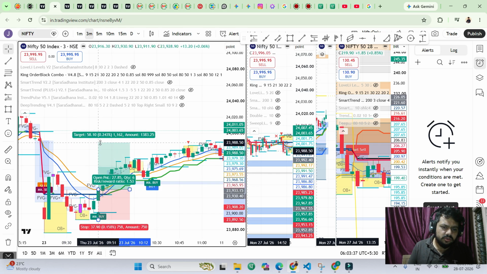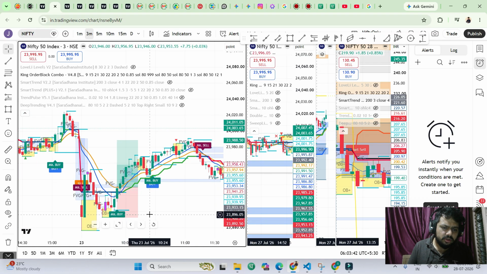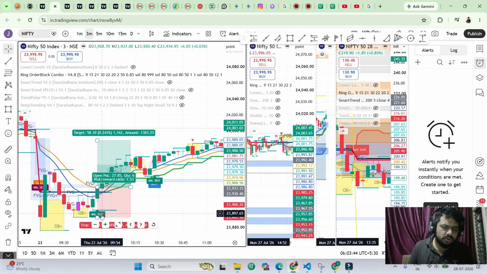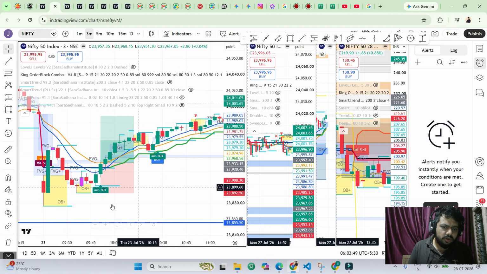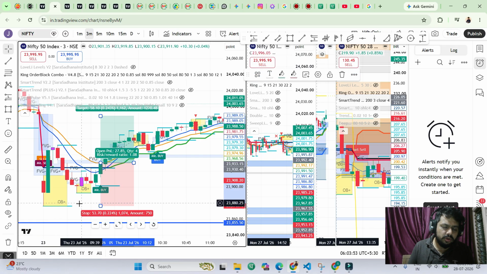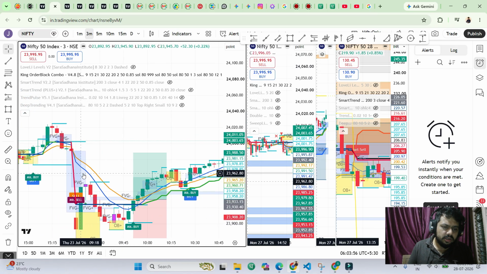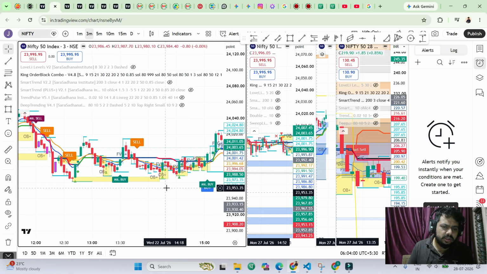Right, 1:5. If you trace this one, there will be a huge stop loss. You can expect 1:1.5 here, and maybe 1:1 from this below level. Okay, like that.